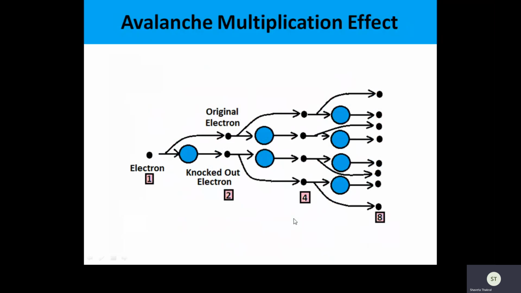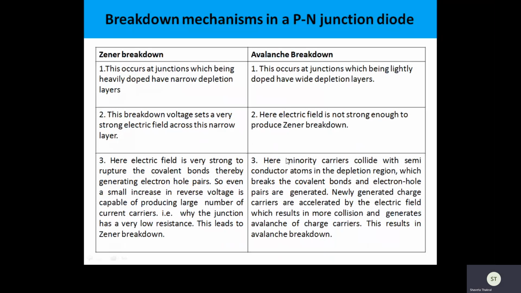And because of the avalanche multiplication process, a flood of charge carriers will be generated, and that leads to breakdown of the junction, and that is called the avalanche breakdown. So here we have the differences between the Zener breakdown and the avalanche breakdown.